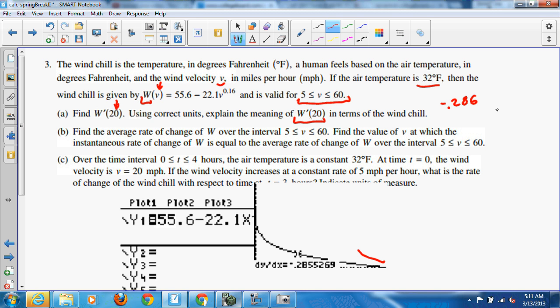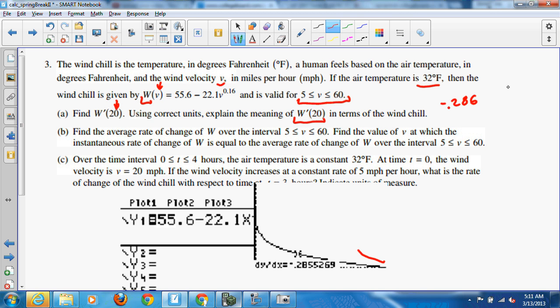And what's the correct units here? So velocity here is in terms of miles per hour.